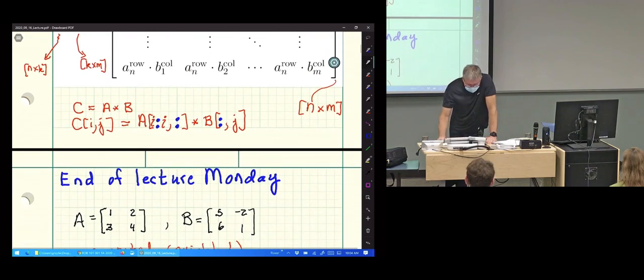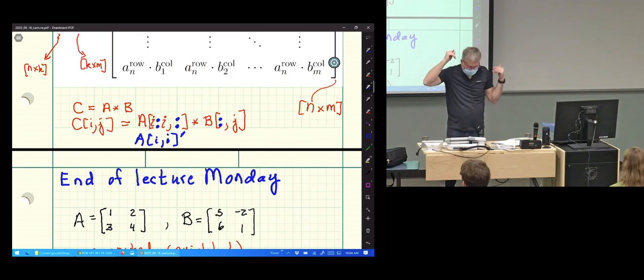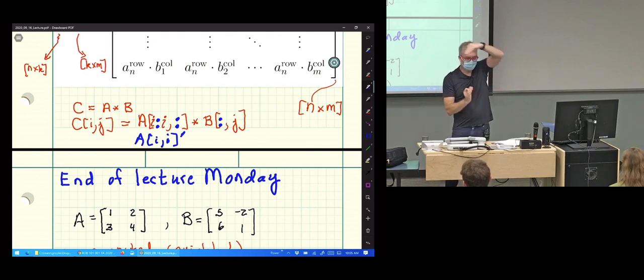And in Julia, you can extract the rows if you put A[i, :], or otherwise you can do A[i, :] and put an apostrophe, because Julia by default wants to do everything as a column, and Tribby talked about this in great detail last night in the recitation, and that apostrophe will do what's called a transpose and turn the column into a row.